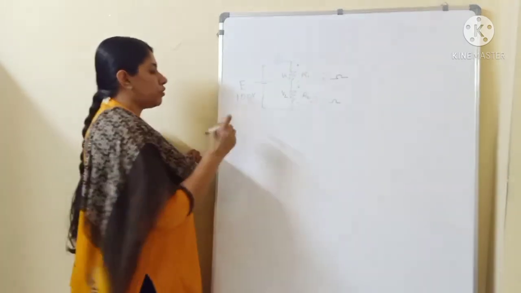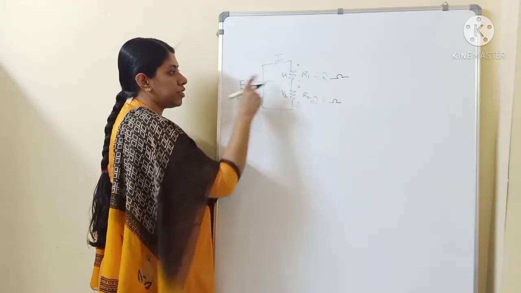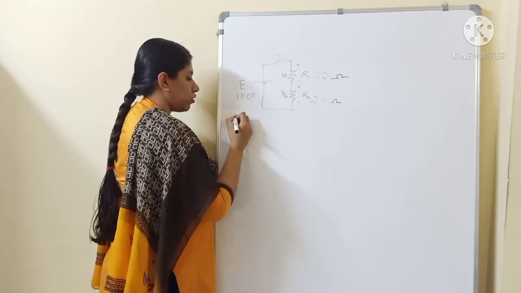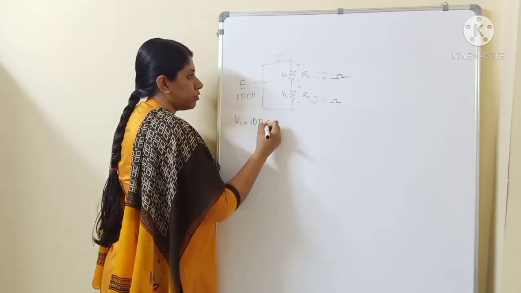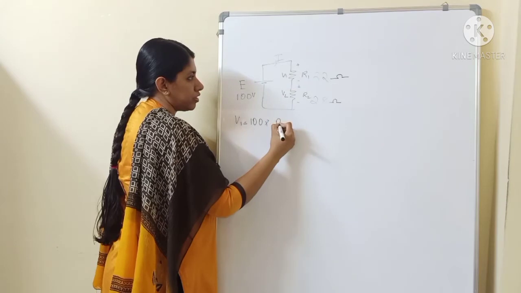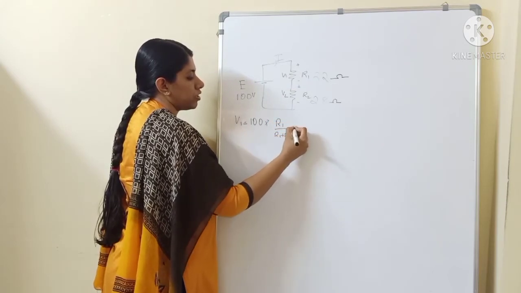So how will you find it? You have only the value of the applied EMF and the individual resistances. First we have to find the voltage drop. V1 will be given by the main voltage E into that particular resistance R1 divided by total resistance R1 plus R2. This is the voltage divider rule.